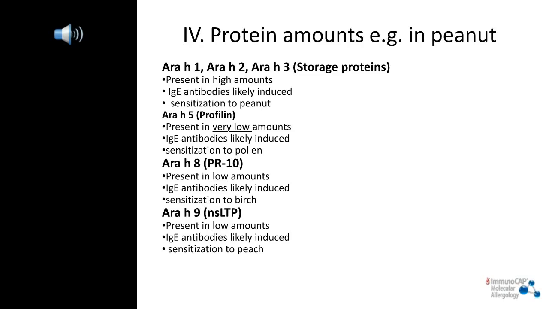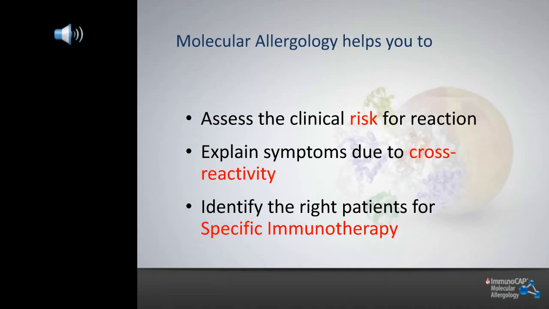Profilin is in low amounts and unstable, so it's less likely to be a problem in peanut. Ara h 9 is also in low amounts, so less likely to be important.